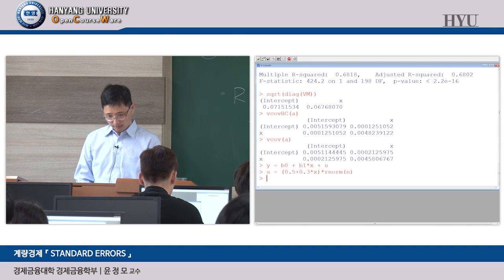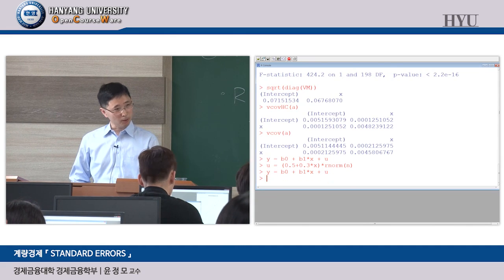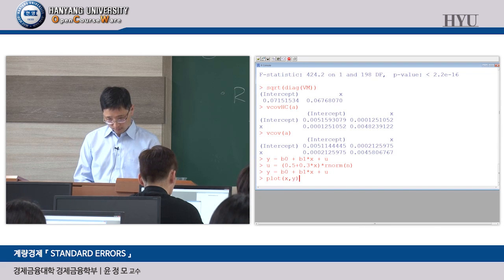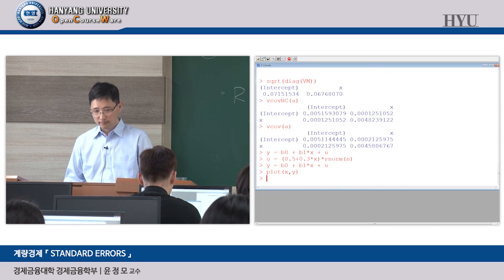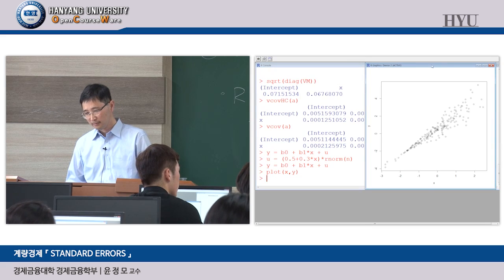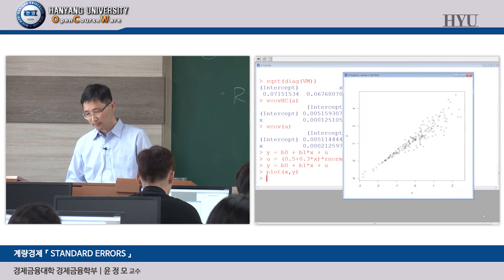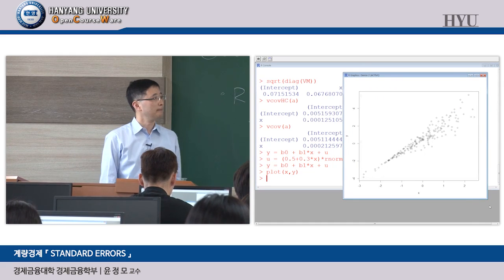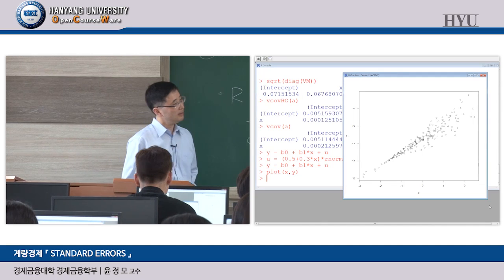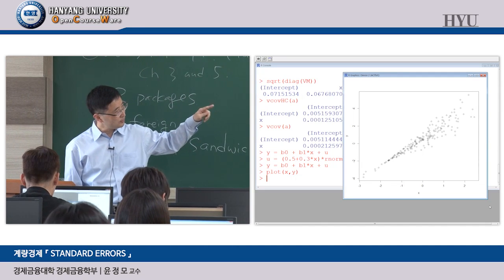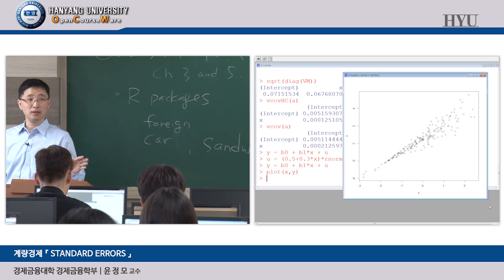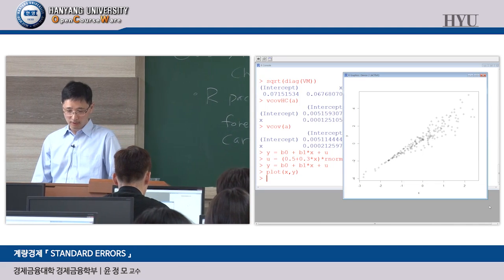Okay. Now let me generate my y again, and let me do plots. So now it looks different, right? The degree of errors, the variance of errors, are increasing. So it's one example of heteroscedastic errors.